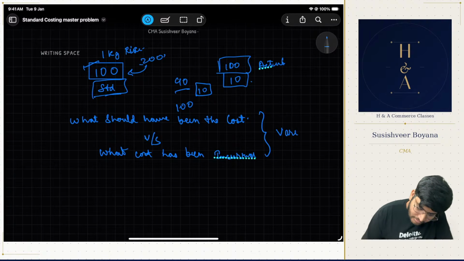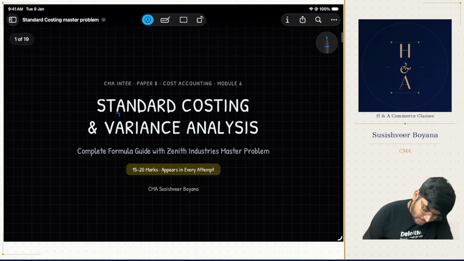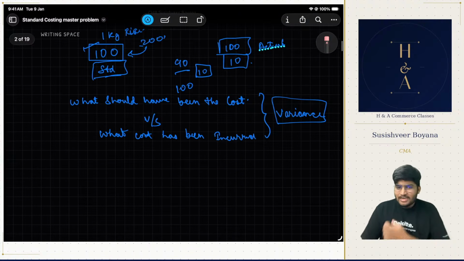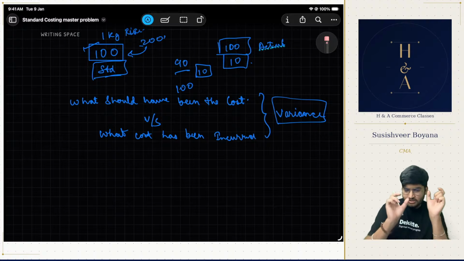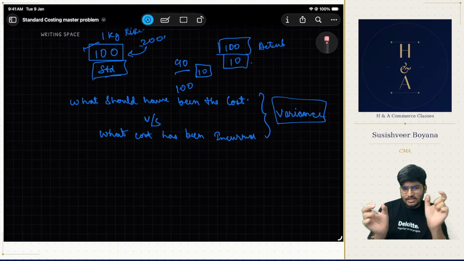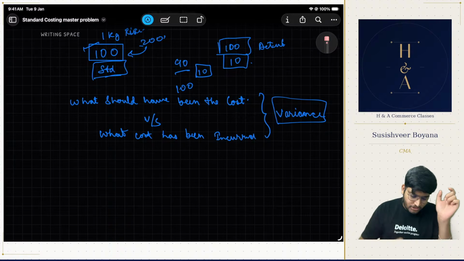This variance calculation is all for standard costing, right? To understand what should have been the cost, or what ideally should have been, versus what is actually spent, the differences we look at are where standard costing comes into the picture.